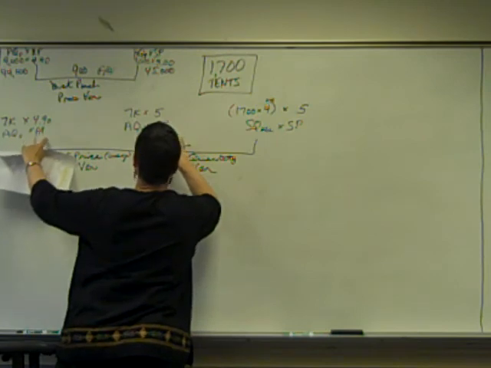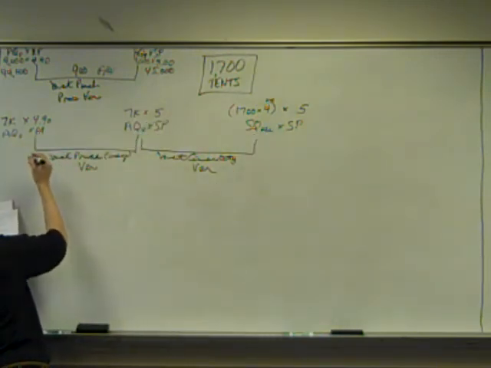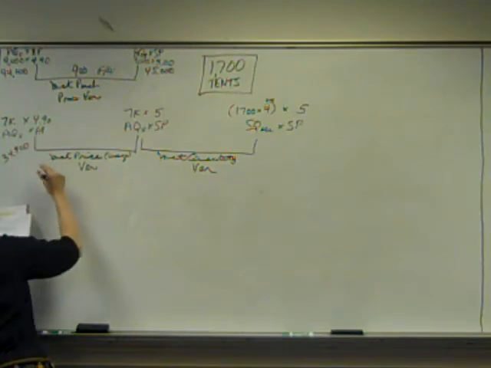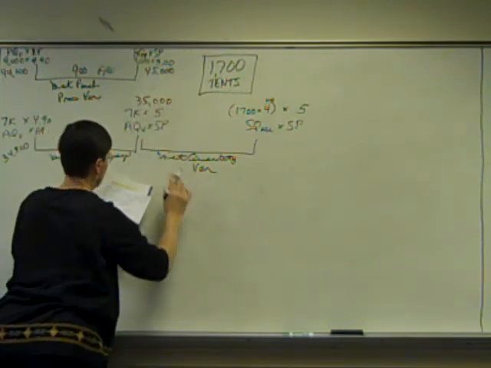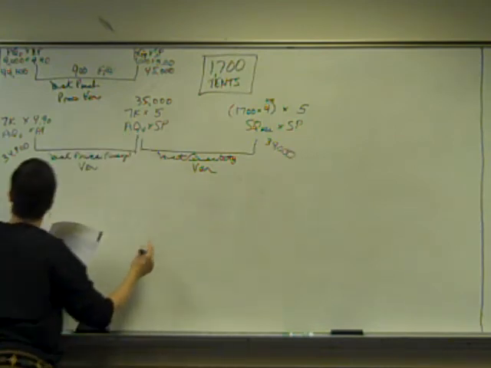So this one isolates price, this one isolates usage. Okay, so this comes out to be 34.3. Middle anchor is 35, and this one is 34.